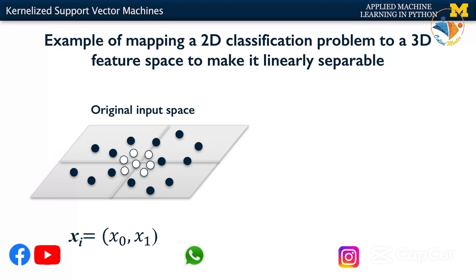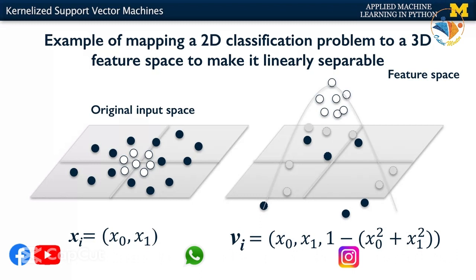The points of both classes are scattered around the origin, 0, 0, in a two-dimensional plane. The white points form a cluster right around 0, 0 that's completely surrounded by the black points. Again, this looks to be impossible for a linear classifier, which in two-dimensional space is a straight line, to separate the white points from the black points with any degree of accuracy.